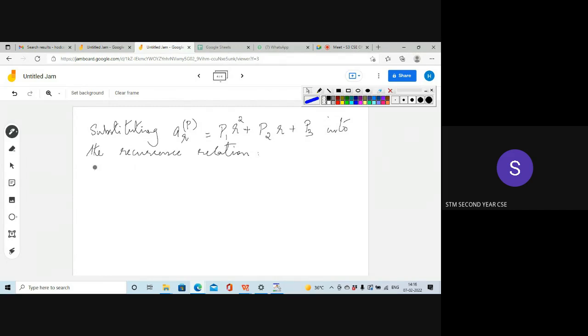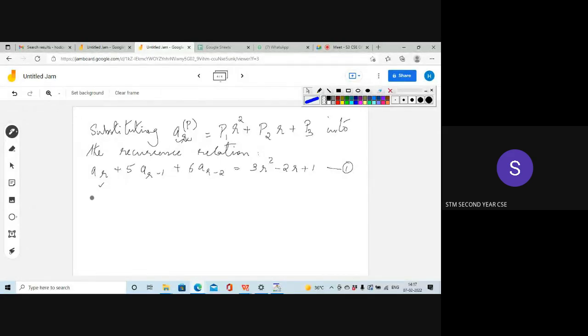The given equation is AR plus 5 into AR minus 1 plus 6 into AR minus 2 is equal to 3R square minus 2R plus 1. This is the recurrence relation given. So we are going to substitute this polynomial for AR. Then for AR minus 1, we replace R by R minus 1 and substitute.